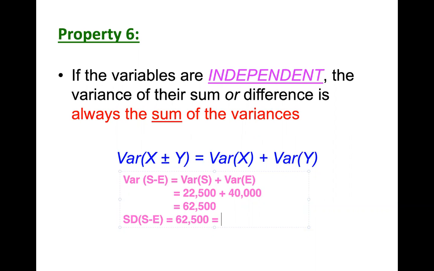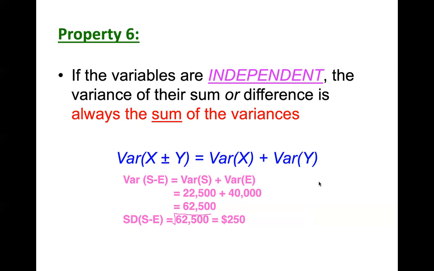I'll just draw it in. And that gives us $250. So that is how you get to standard deviation: you find the variance first, and then you square root whatever you got.